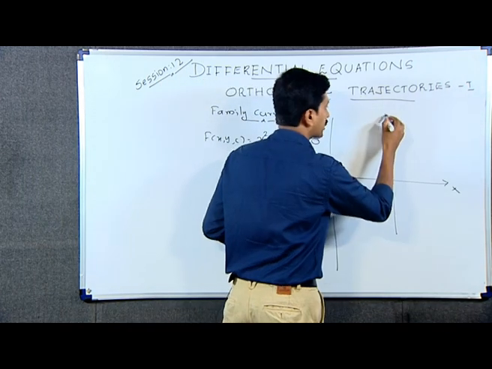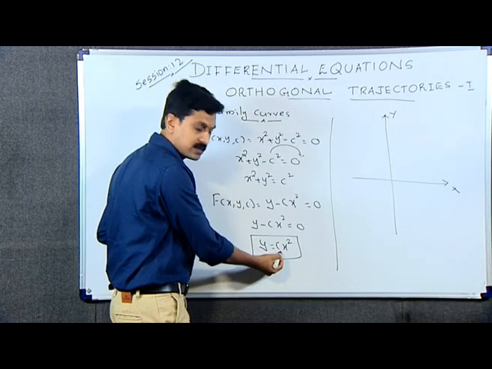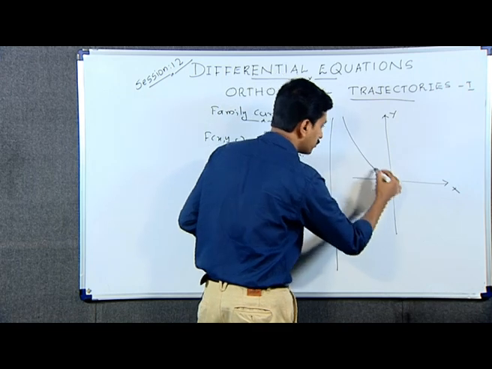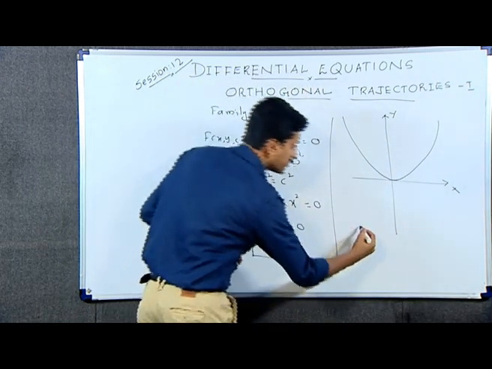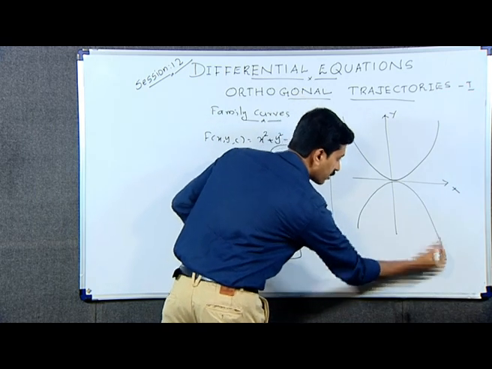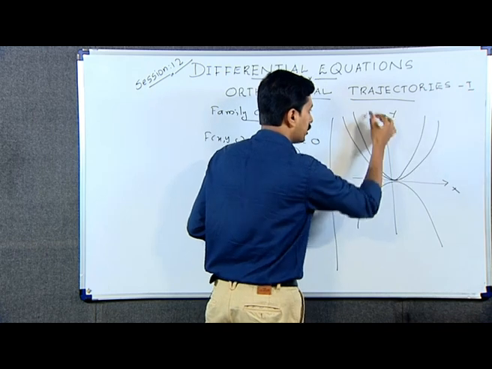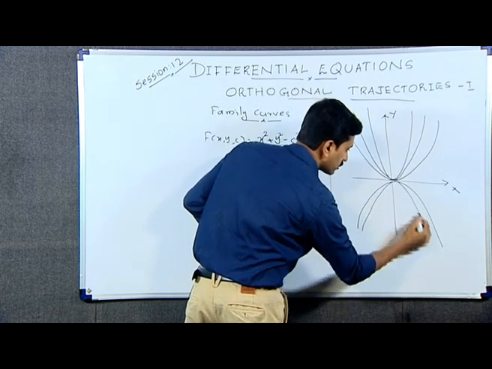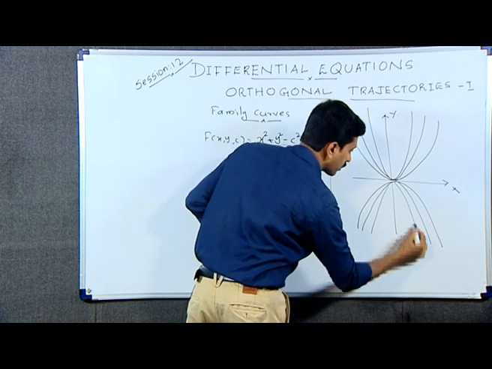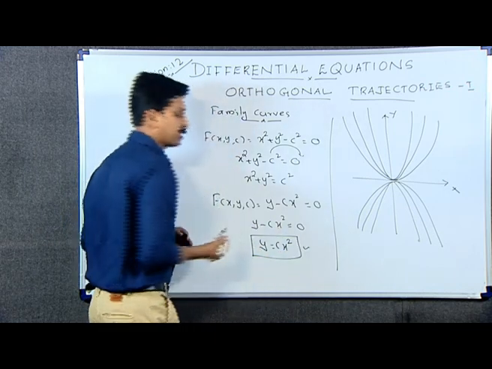This is the x axis as well as this is the y axis. Depending on the value of c, y equal to x square will be here, we will have a parabola like this, and similarly if c is negative we will have a parabola like this, and we will have many parabolas. That collection of parabolas is a system, a family of curves. So this is y equal to c x square.